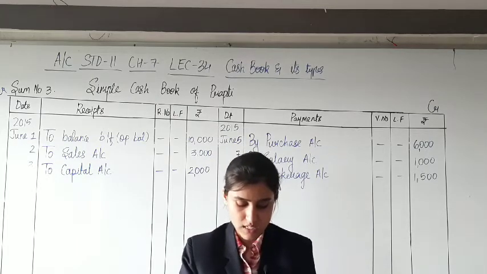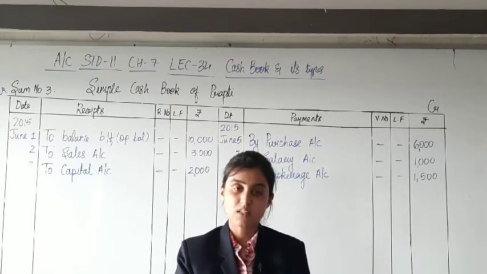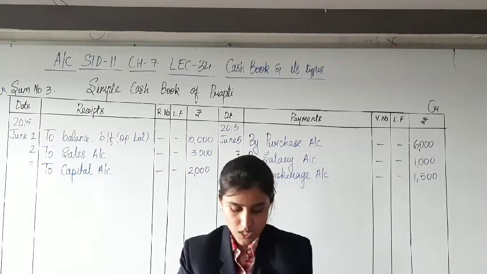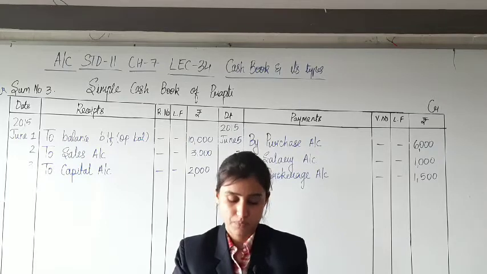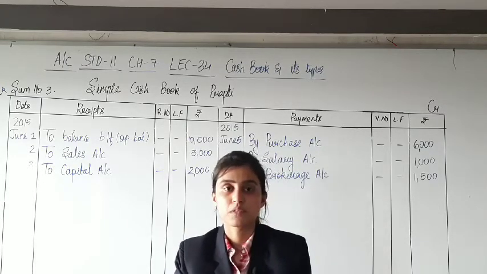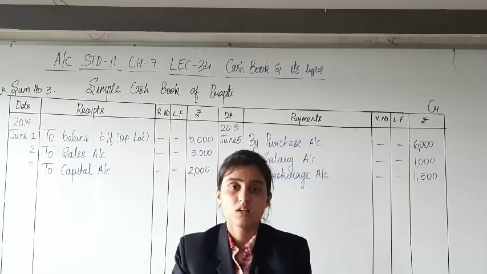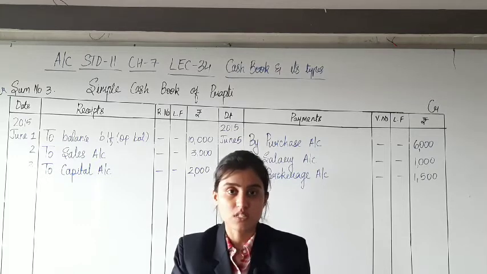Next, on 9th of June, goods of rupees 5000 purchased from Drona by cash. Again the goods have been purchased, so you need to pay for the purchase that you have made.